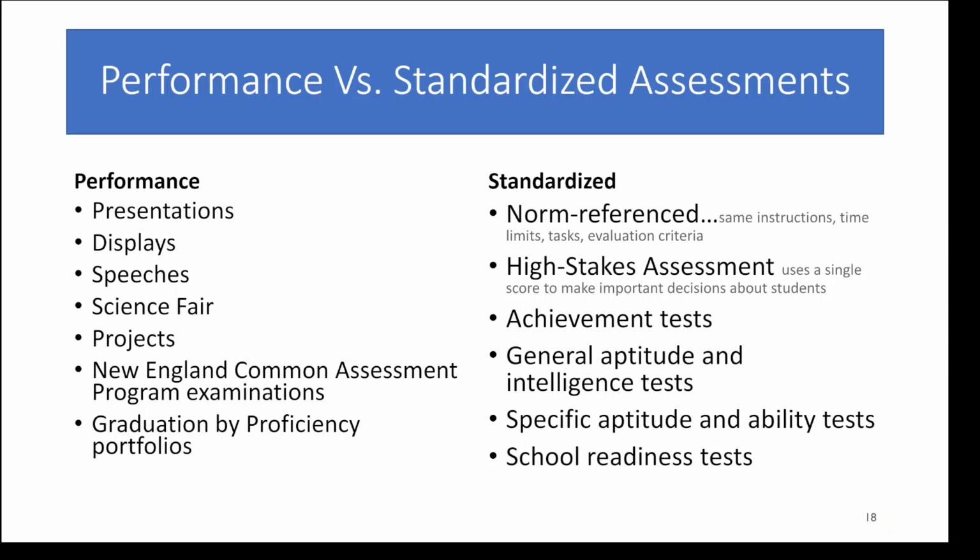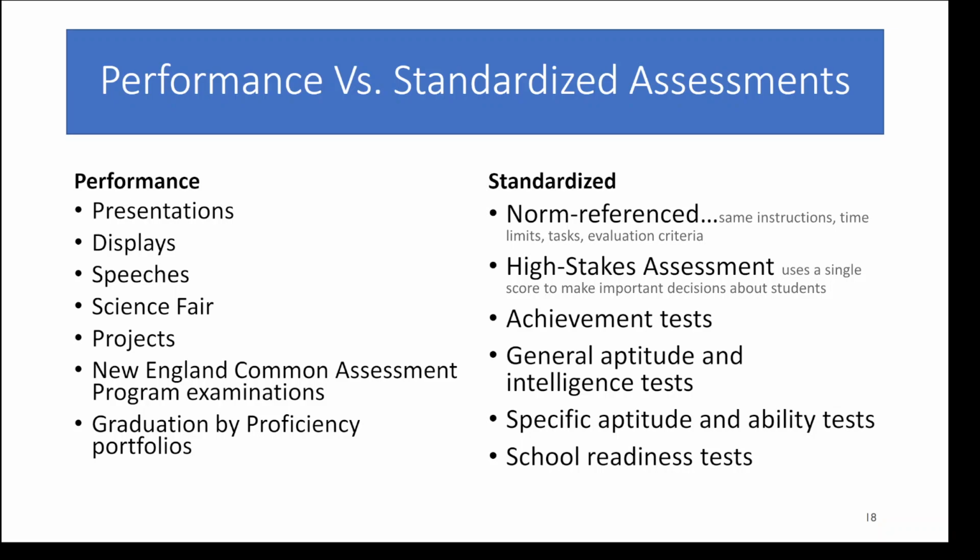But if everybody's gonna get the same instructions, then there's this whole process of standardization where we all get the same instructions. Usually standardized tests are high stakes. We use that term high stakes to mean they are super important and they have big consequences for your life. Pretty much. Right? So a high stakes assessment would use a single score to make important decisions about students.